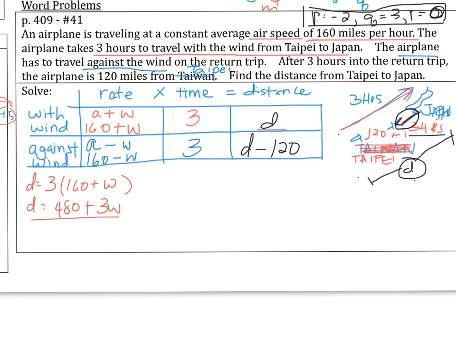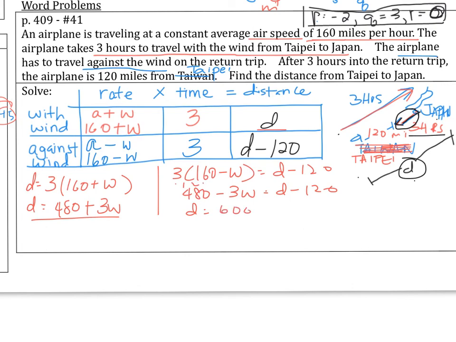Let's look at the second equation. 3 times 160 minus W would equal D minus 120. So 3 times 160 again is 480 minus 3W equals D minus 120. And then I'm going to rewrite this as D equal to 600. I'm adding 120 to 480. This will be 600 minus 3W.